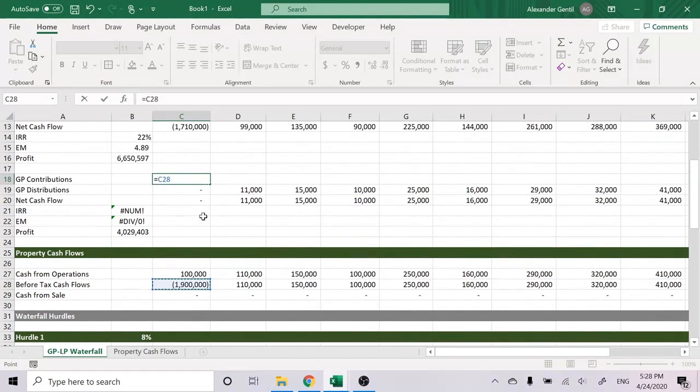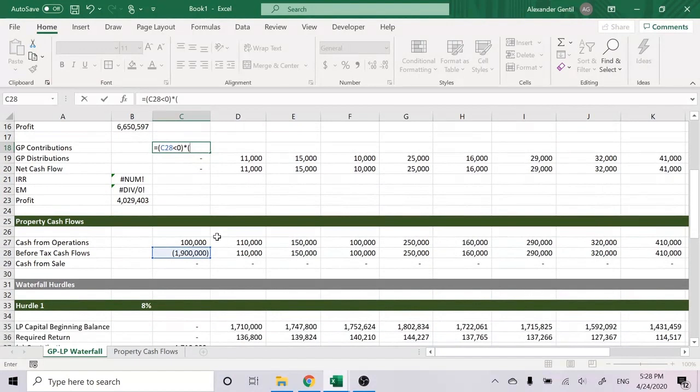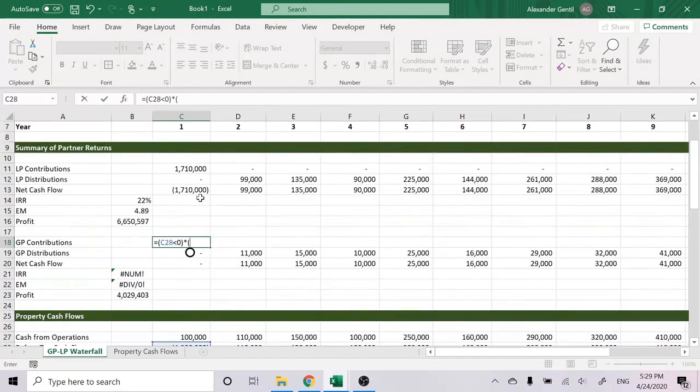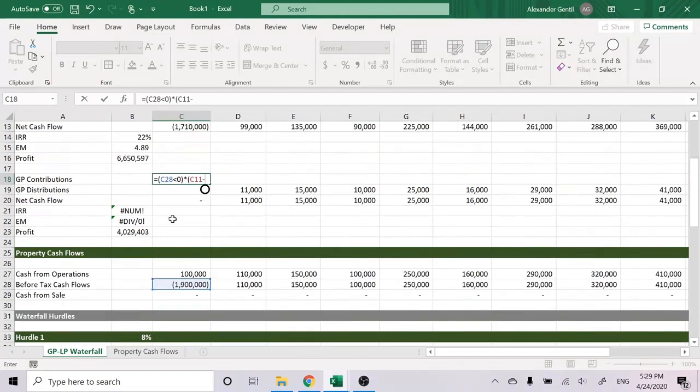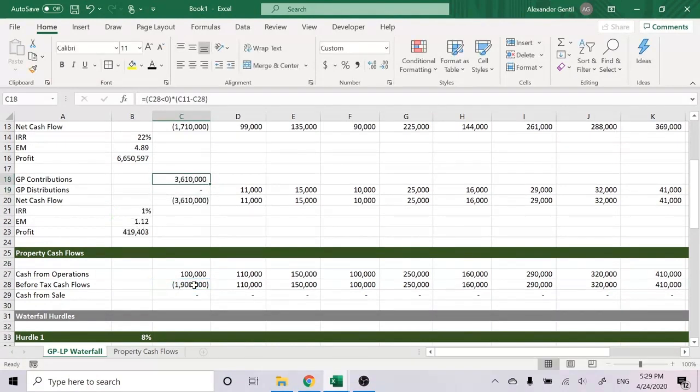So if this cash flow is less than 0, then we're going to take this cash flow here, and we're going to add the total cash flow.